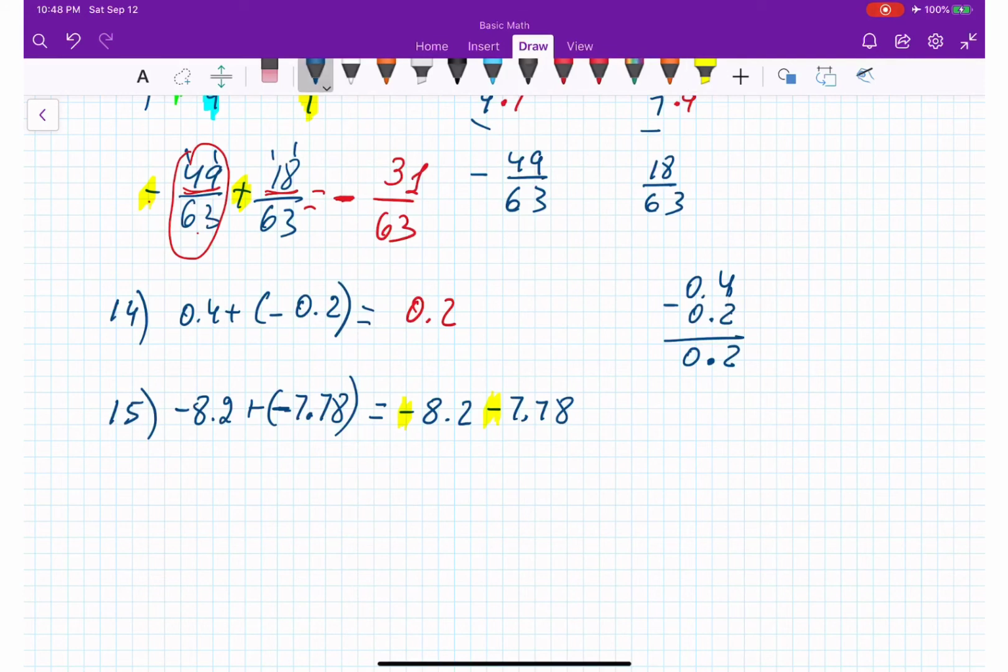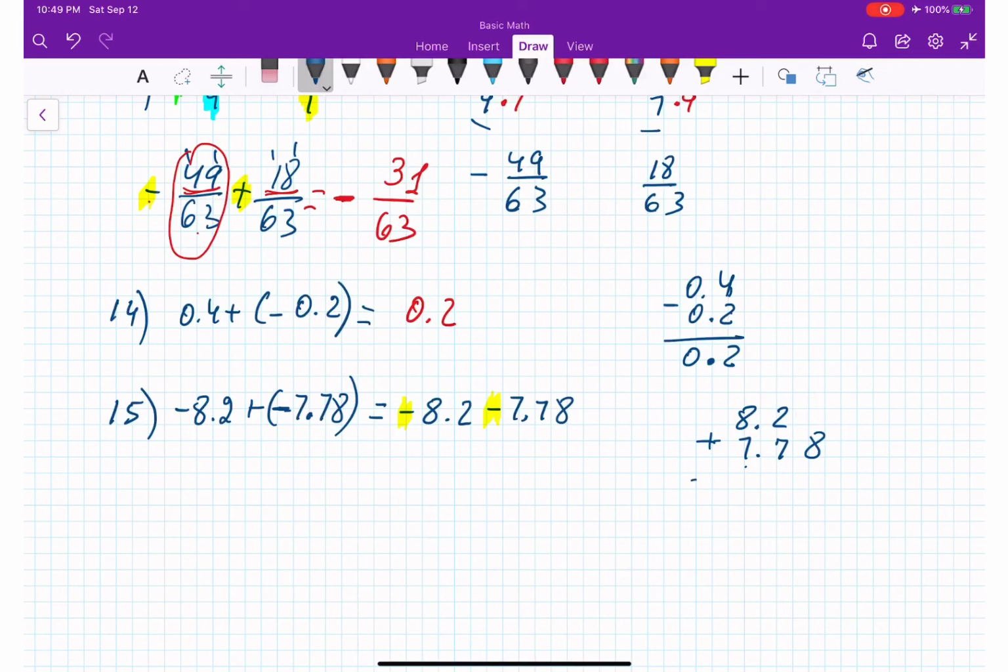So 8.2, if I add 7.78. See what is interesting, whole numbers under whole, tenths under tenths, and hundredths, there is no hundredth here, so you don't have to put 0, you can leave it like that.